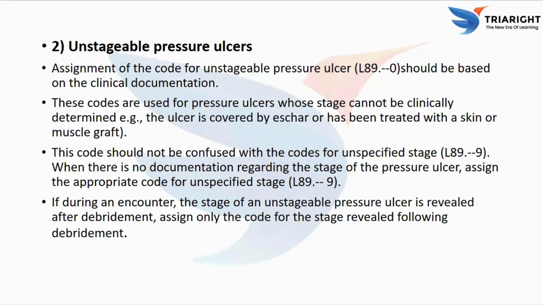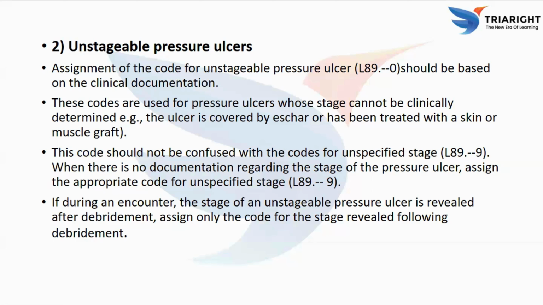Only whenever the documentation states that the ulcer is unstageable. This happens whenever the base of the ulcer is not visible. For example, when it is covered by eschar, which is dead or black tissue, or covered by slough, or by a skin graft or muscle graft, a medical dressing, or debris that prevents visualization.